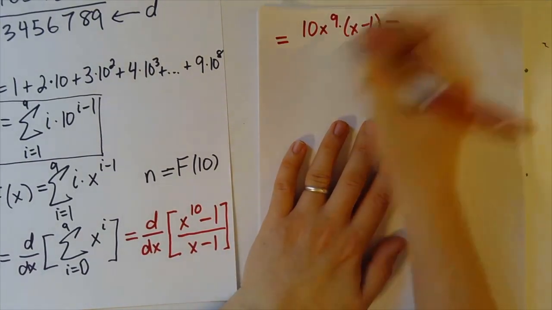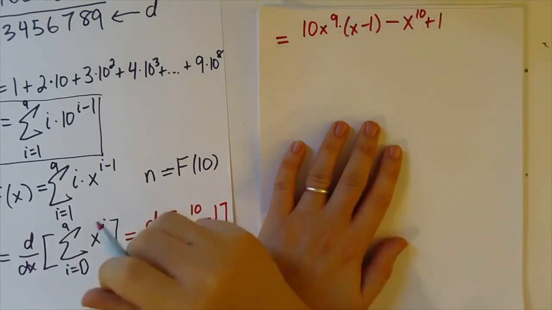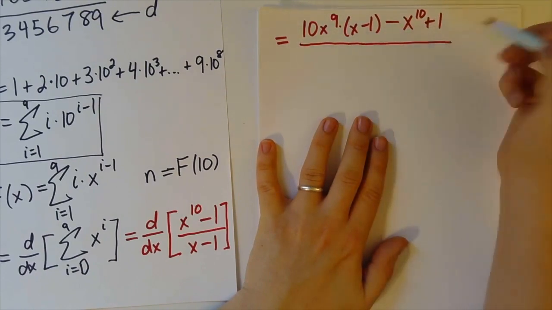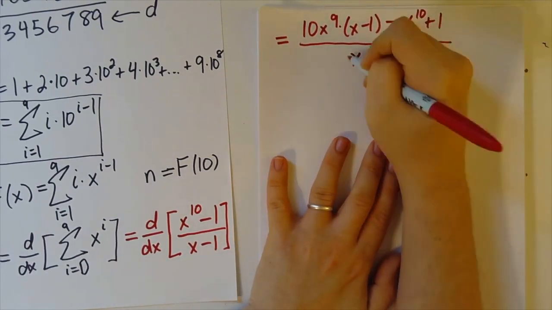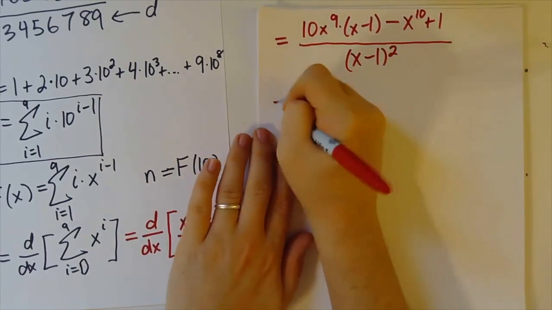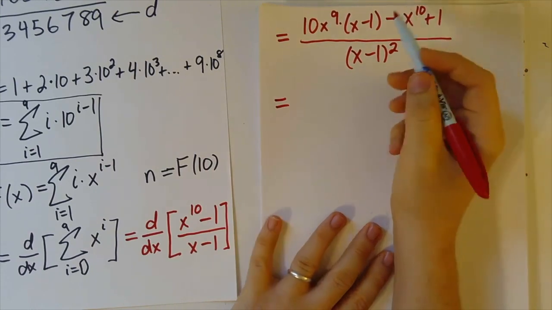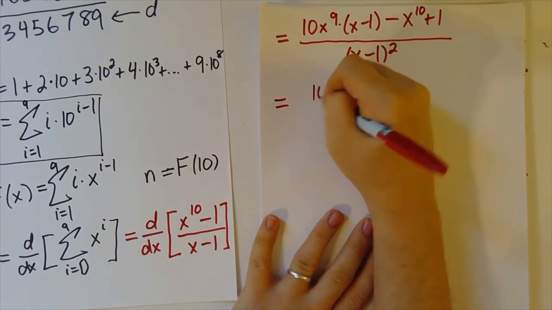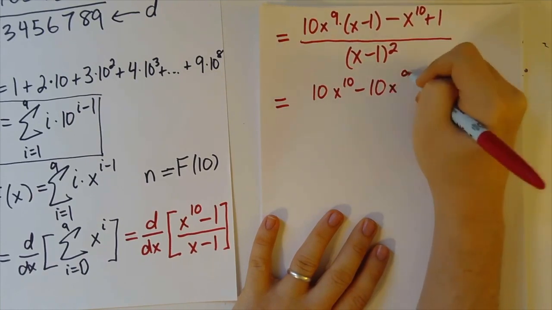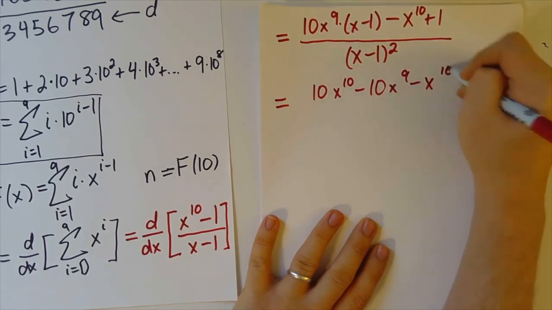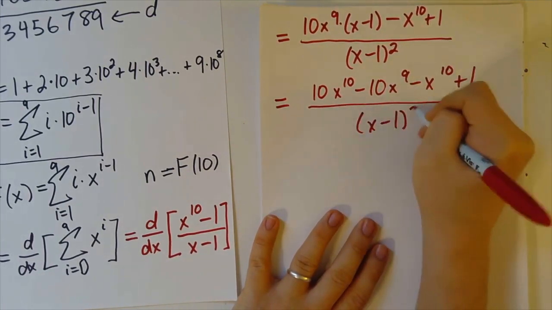The derivative of the denominator is just 1, so this is minus x to the 10th plus 1, all divided by, and then by the denominator squared, so by x minus 1 squared. And I'm going to clean that up a little bit. So, namely, that's going to be a 10x to the 10th minus 10x to the 9th minus x to the 10th plus 1 over x minus 1 squared.